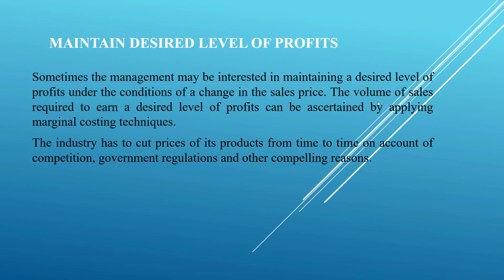Using all these formulas, we can find out the desired level of profits. When the company is trying to maintain a particular profit for the future, then these formulas will be utilized to see how it is working out for the company or not.